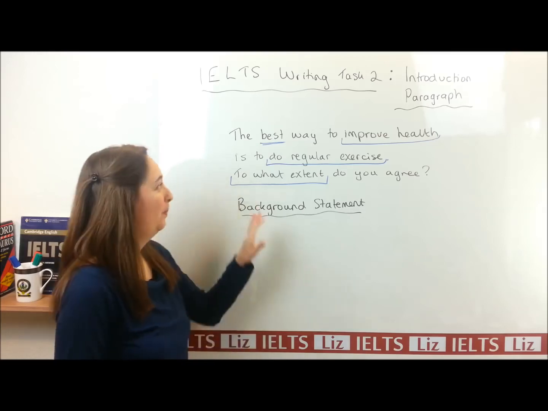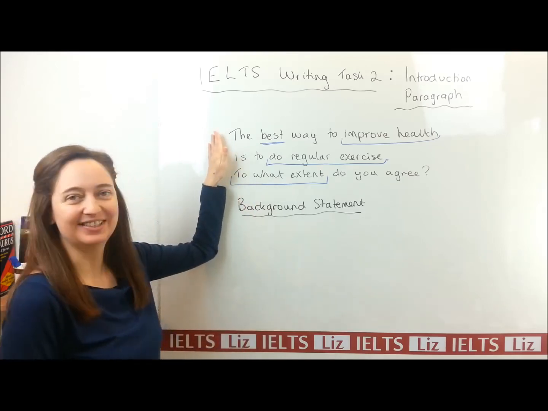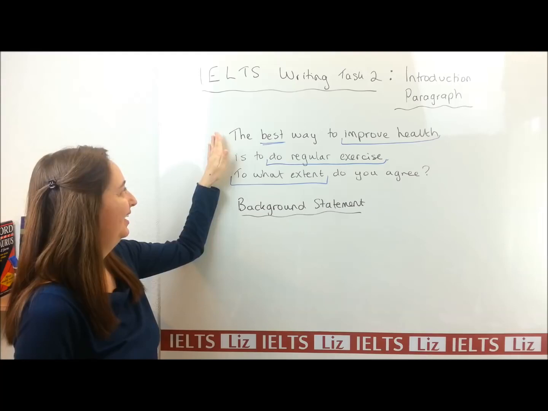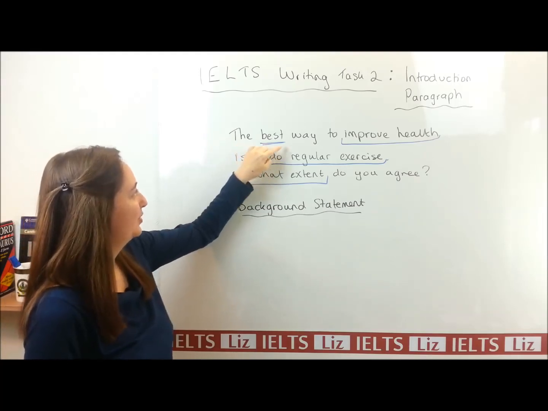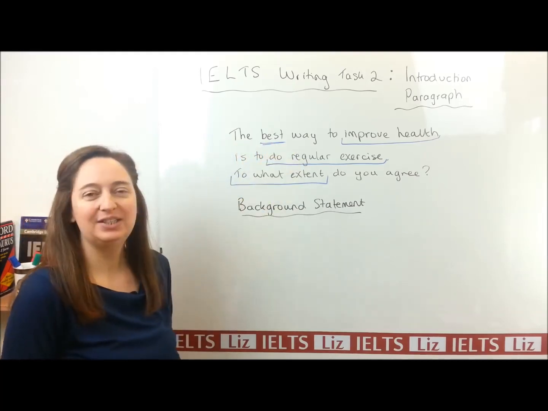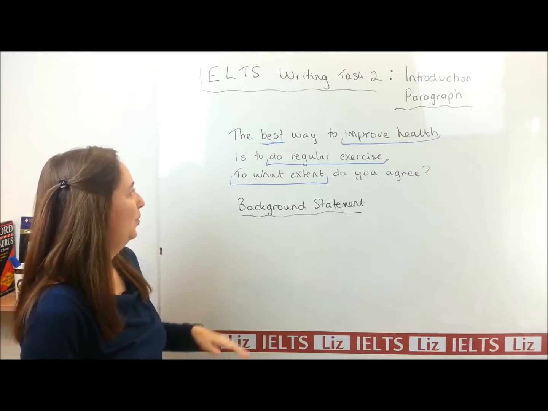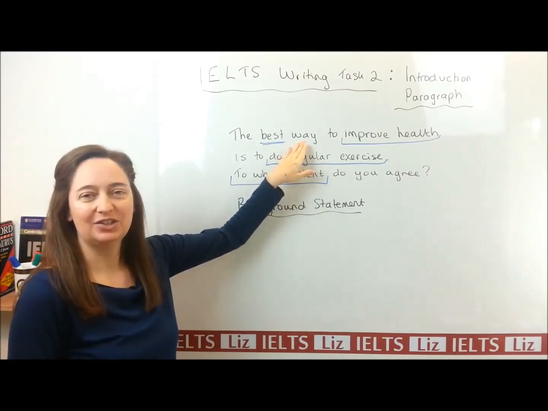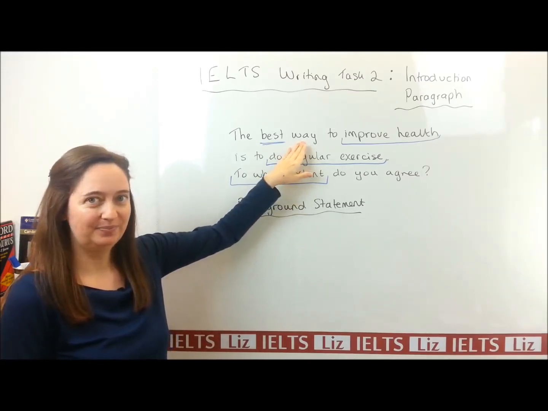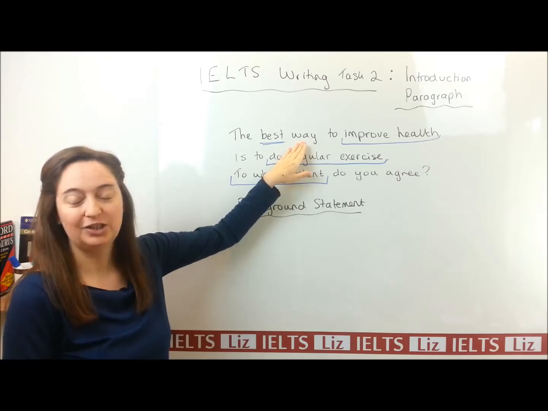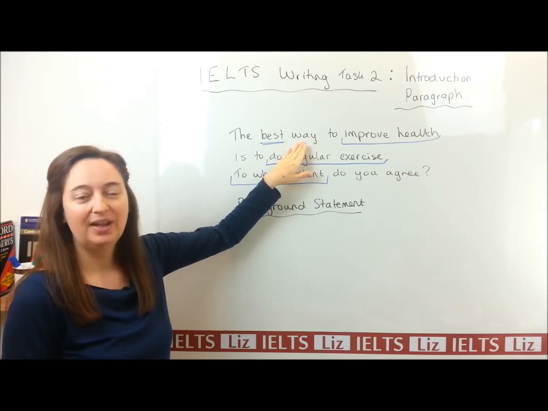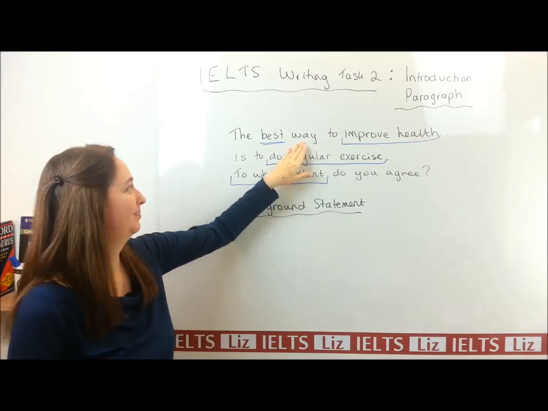So we need to paraphrase this sentence here. Now they start with the best way, and we need to paraphrase that. Well, the word way is a solution, it's a method. So solution, method, you could use both words. I'm going to use method.